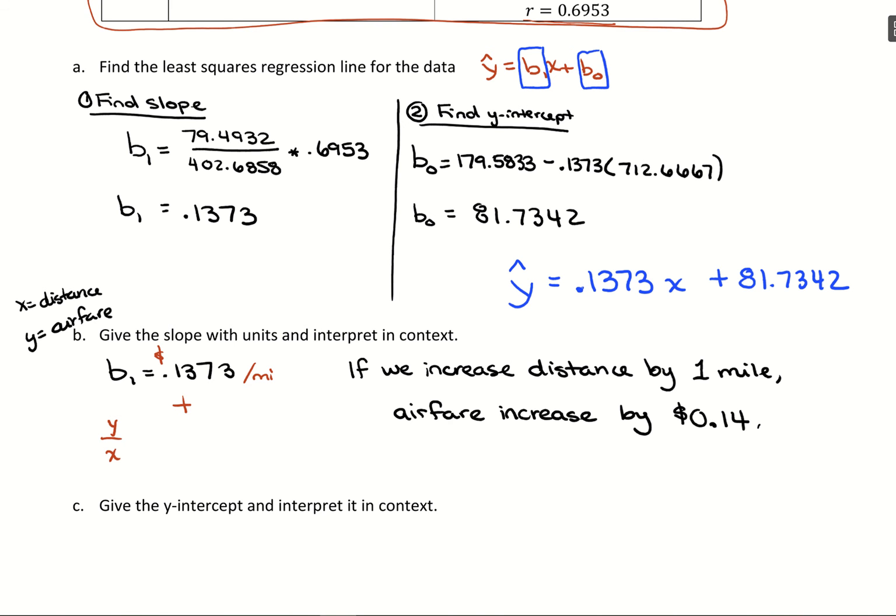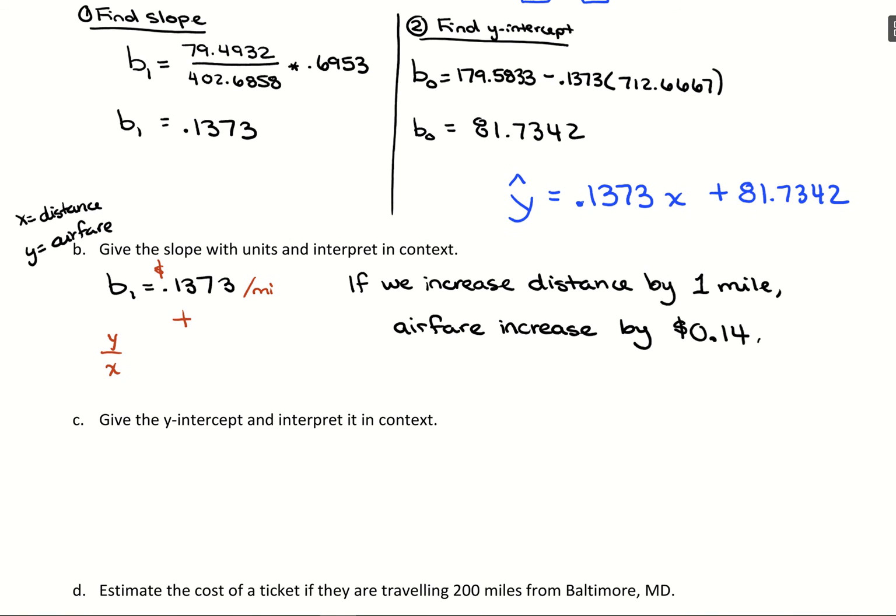Then for interpreting the y-intercept, so y-intercept is that 81.7342. So what this would translate to is, what if x is 0? So if distance is 0, airfare is $81.73.